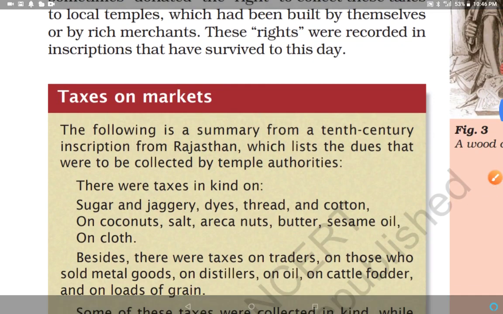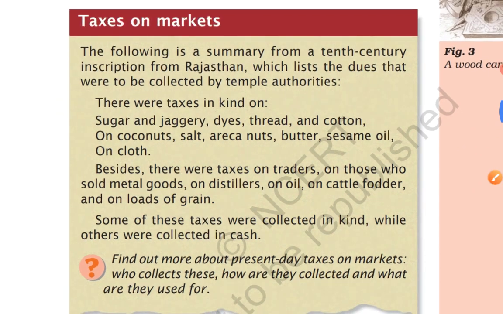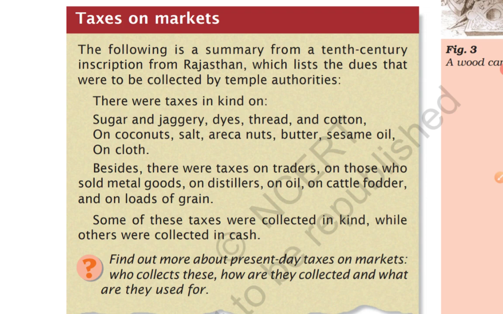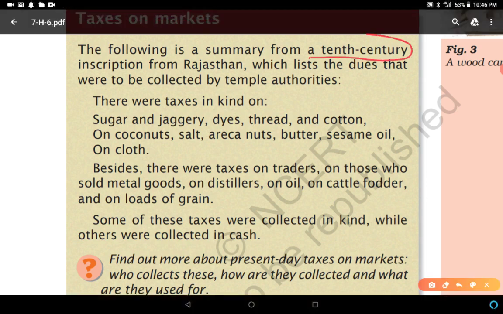You can take the example of this one, taxes on markets. The following is a summary from a 10th century inscription from Rajasthan, which lists the dues that were to be collected by temple authorities. So temple authorities were supposed to collect these kinds of dues or taxes.